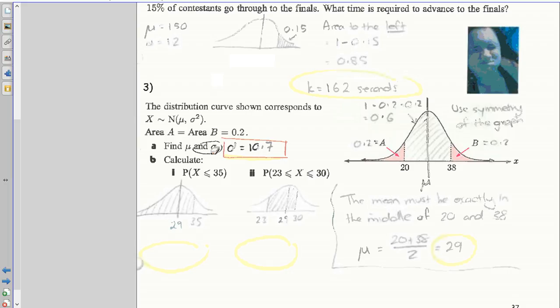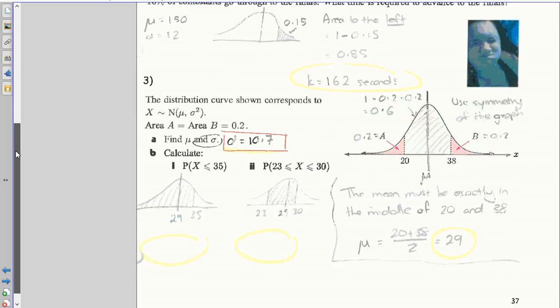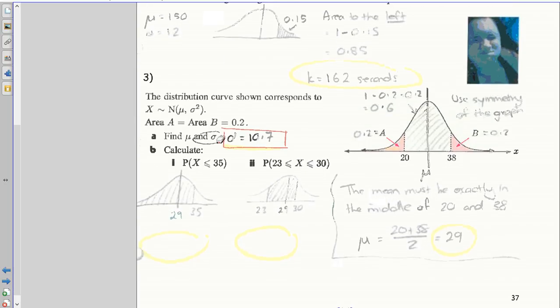So I'll just tell you what it is. Sigma equals 10.7, and you're not expected to calculate that because you calculate it with a formula that's not part of the Math Studies course. That could be just an error of the publishers of the textbook. So we'll move on from there. You just write that down because you need it for the next parts.